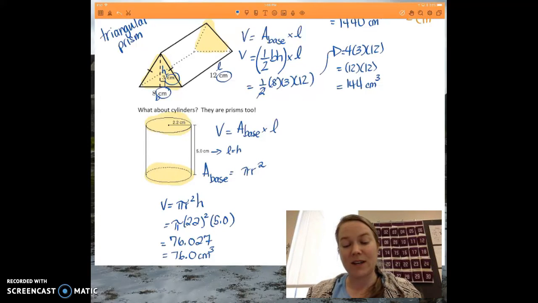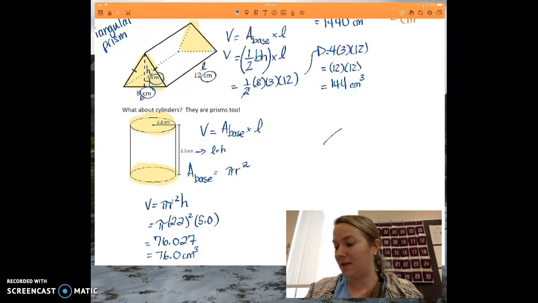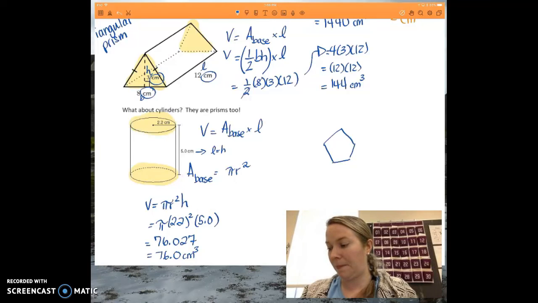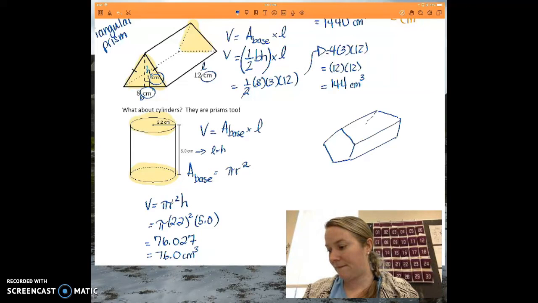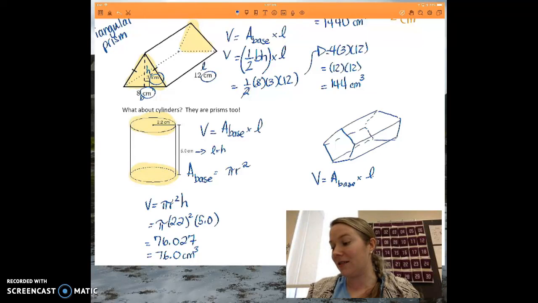Now, what you might run into is a prism that's maybe pentagonal. So let me see if I can draw a pentagonal prism. A pentagon. Come on, you have to admit that is impressive. That's a pentagonal prism. And to find the volume of that, you do the area of the base times the length.